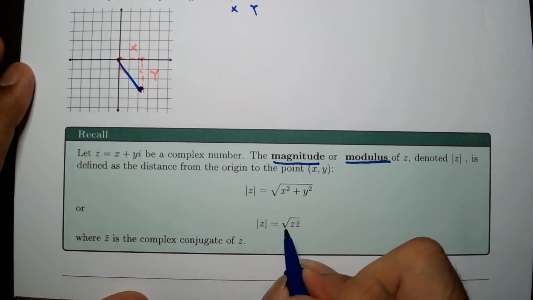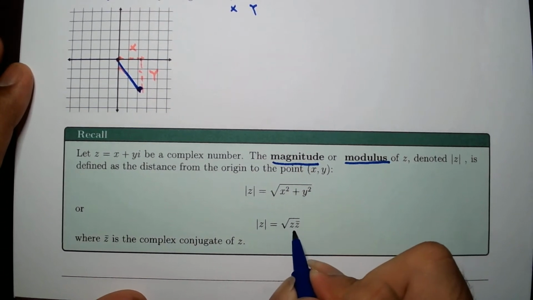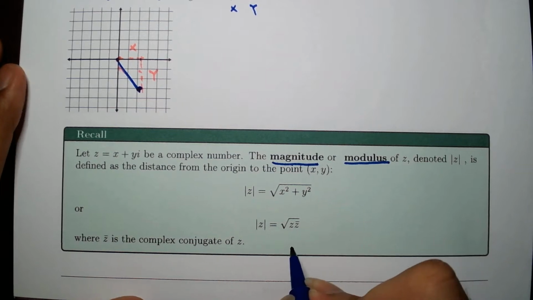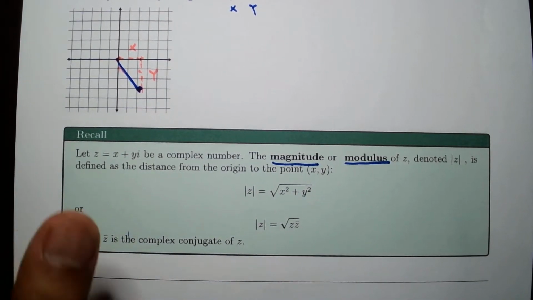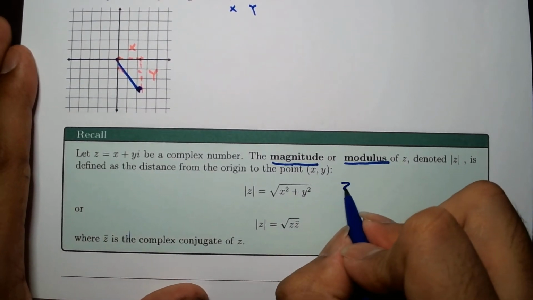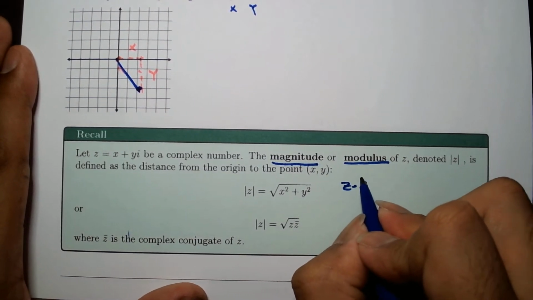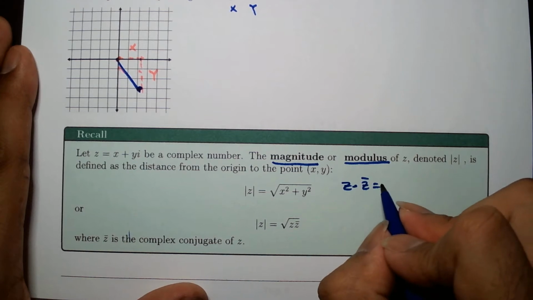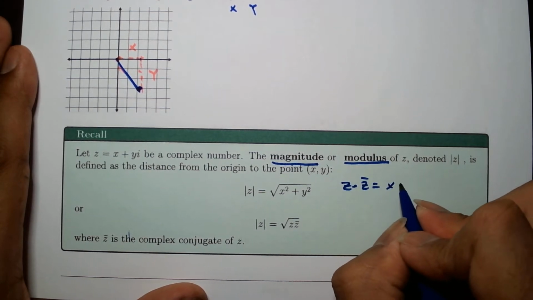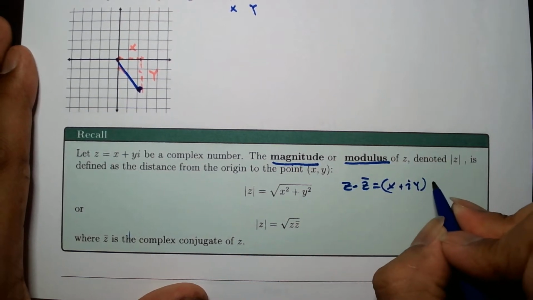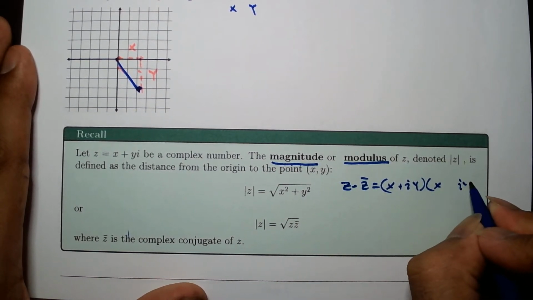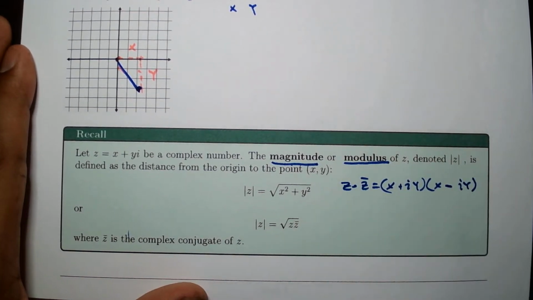Another way to represent this is multiplying z times z bar, where z bar is the complex conjugate of z. For example, let me do this, z times z bar. So z is the number x plus iy, and its conjugate is the same but with a negative sign.